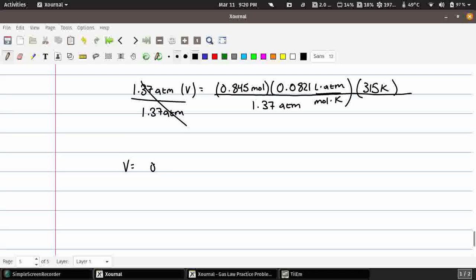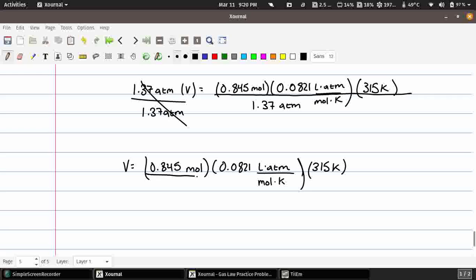V equals 0.845 moles times 0.0821 liters times atmospheres over moles times kelvins. And then this is multiplied by 315 kelvins, and then it's divided by 1.37 atmospheres.